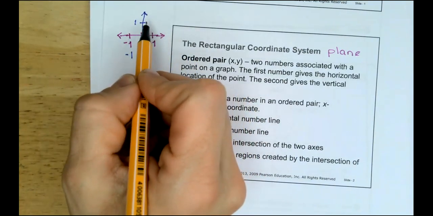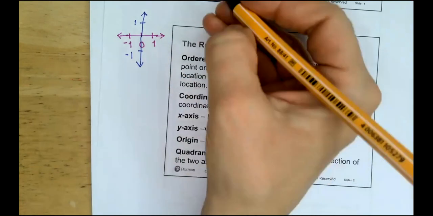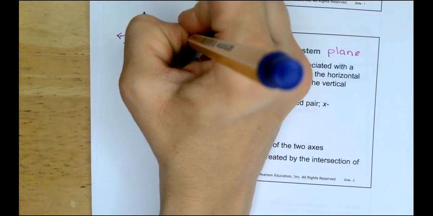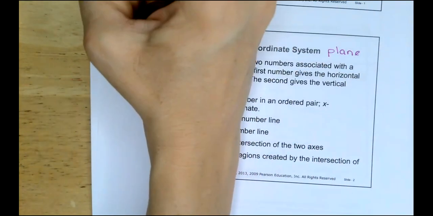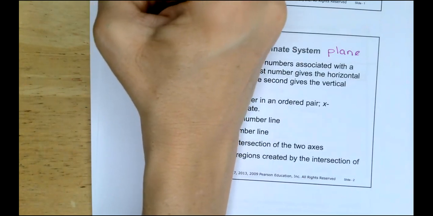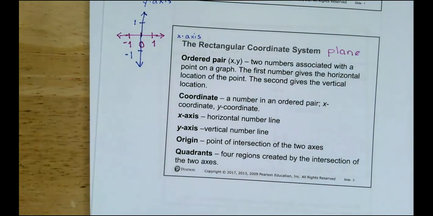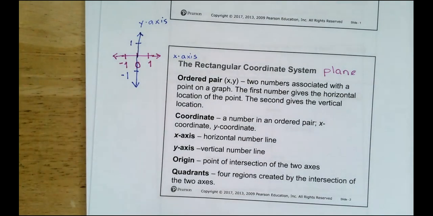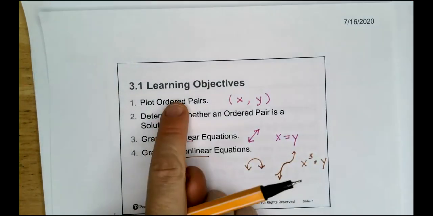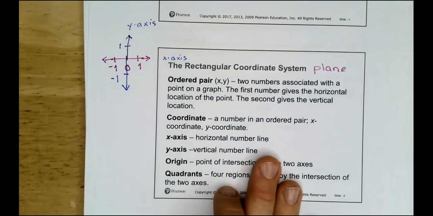This dimension going left and right, and this dimension going up and down. This is your x-axis, and this is your y-axis. But you can just think of it as two number lines that intersect each other. Where do they intersect each other? They intersect each other at 0. So the coordinate point, or the ordered pair for the middle, is 0, 0.